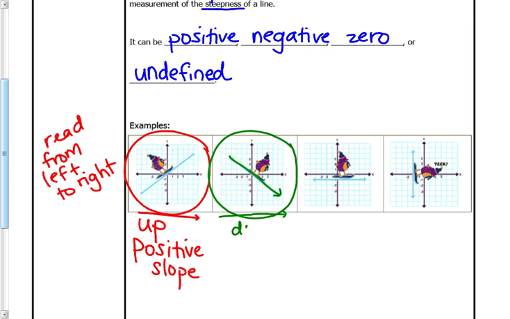So when going down, this is considered a negative slope. Again, we're reading from left to right. In the first one, the bird was going up, so that's positive. In the second one, the bird is going down.